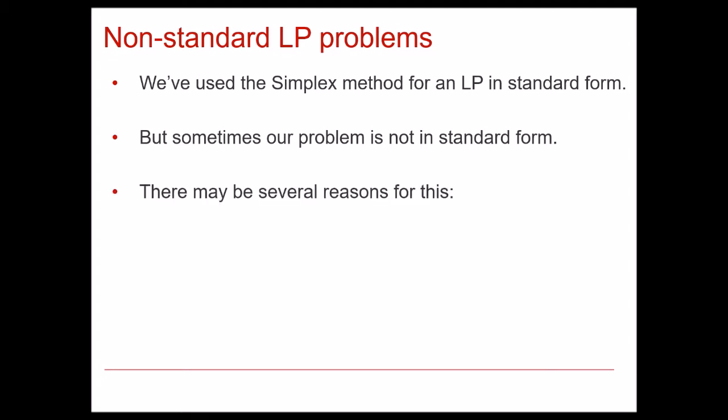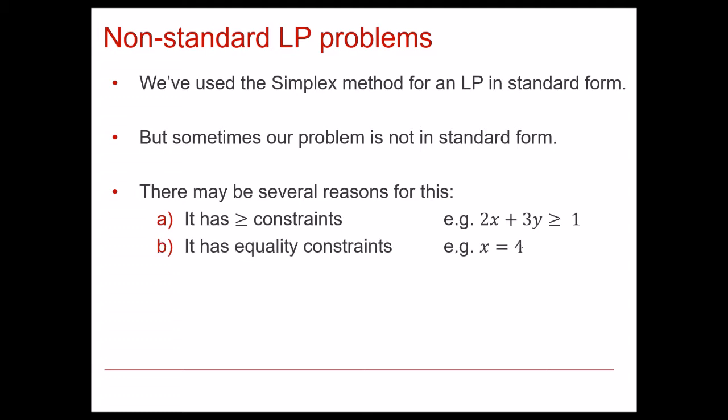So the sort of things that could cause that to be the case are that we have a constraint that involves a greater than or equal to condition, or indeed even tighter than that, it could be we have an equality condition. It could be that in the particular situation that we're talking about, it makes sense sometimes for a value to be negative.